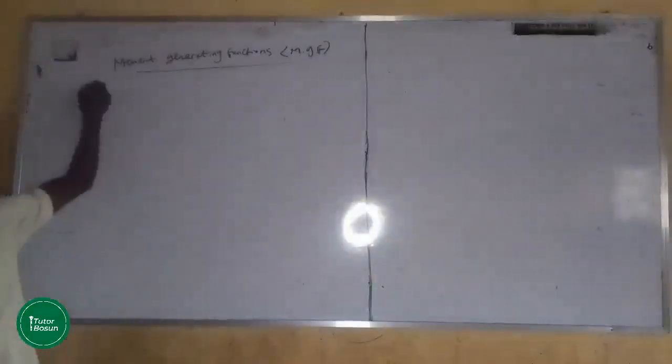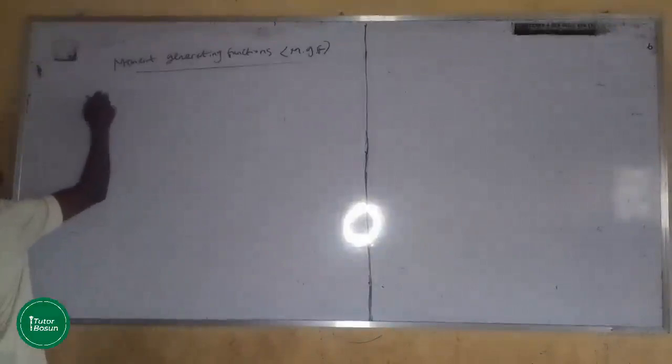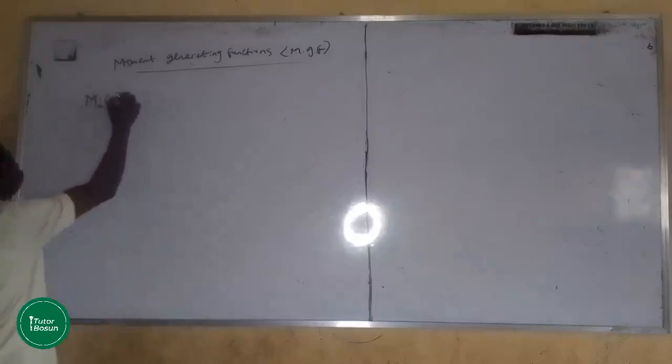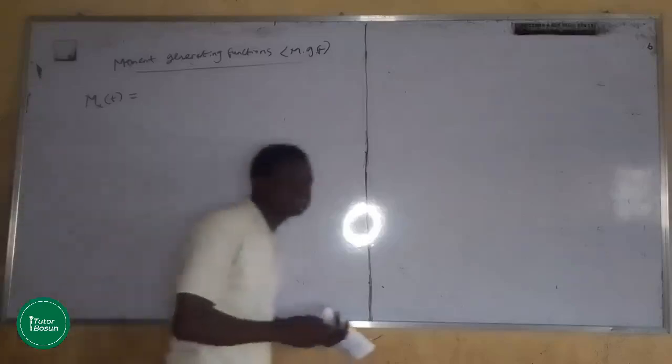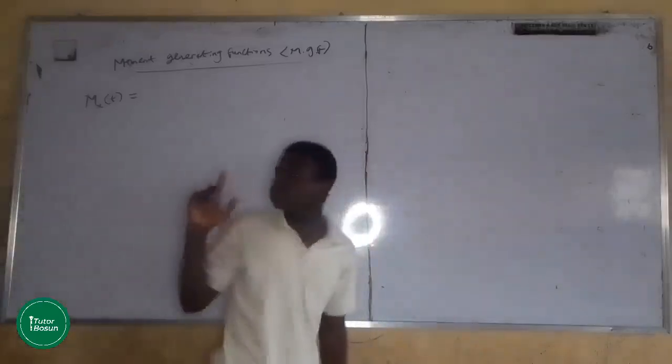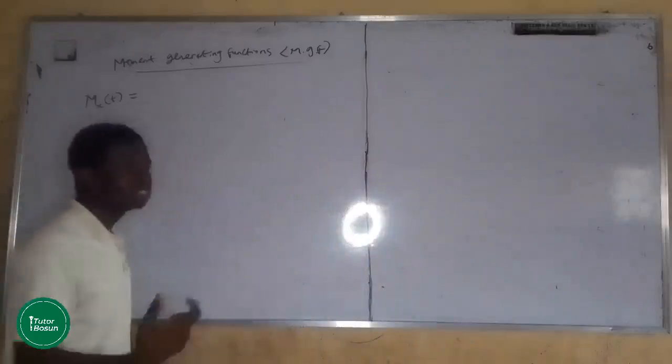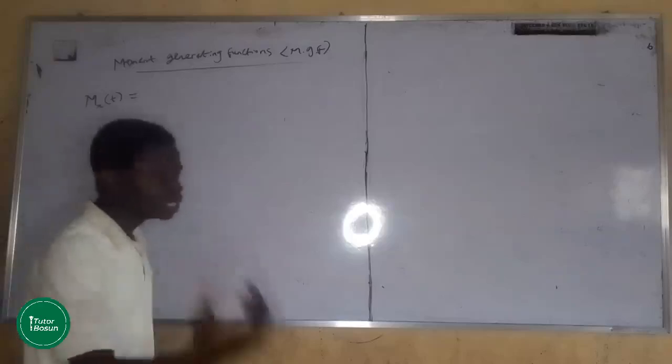Take note, the moment generating function of a random variable x is a function of t. The moment generating function for a probability function is different from that of a probability density function.